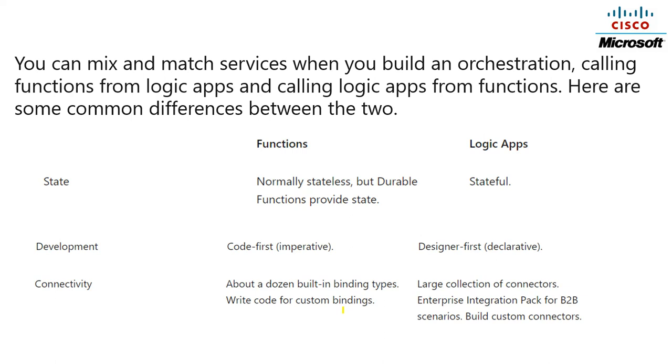If you look at logic apps, there is a large collection of connectors, and an enterprise integration pack for business-to-business scenarios, or you can build custom connectors. So you can create multiple custom connectors here. In functions, you write code for custom bindings, so every time you have to use code here. You need to write code.